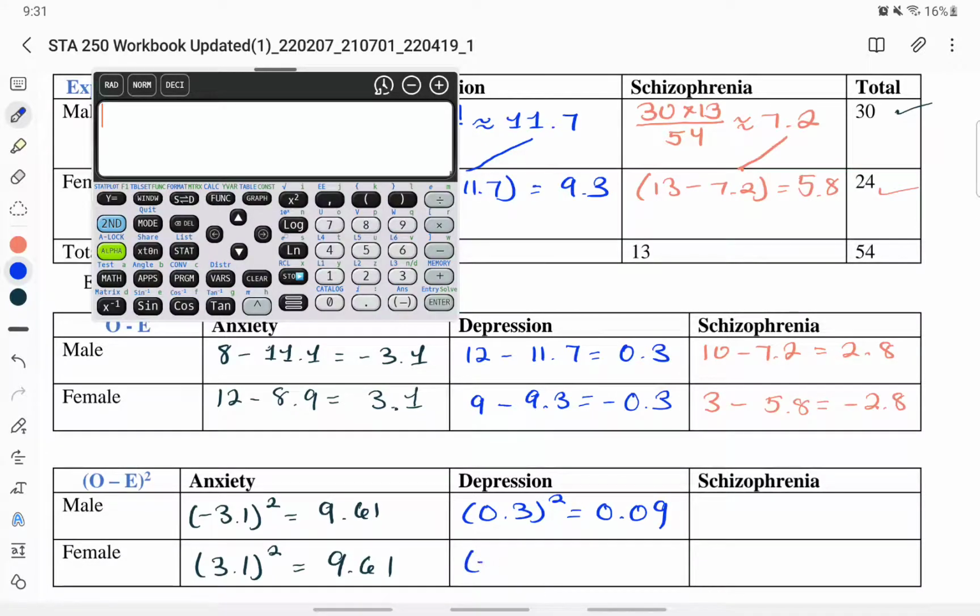This will be negative 0.3 squared, which is also 0.09. Over here, this will be 2.8 squared, which is 7.84. And down here will be negative 2.8 squared, which is 7.84.